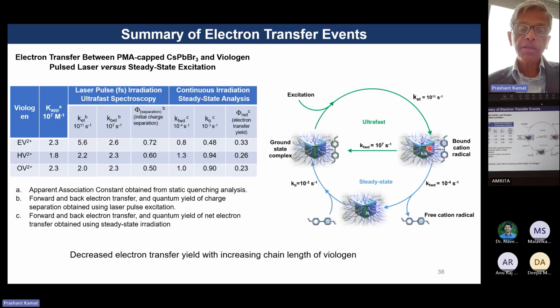To summarize, what I have been telling you is that when you take this semiconductor nanocrystal in a viologen system and excite it, we see a very fast electron transfer, of the order of 10 to the 11 per second. And then that forms this bound cation radical.